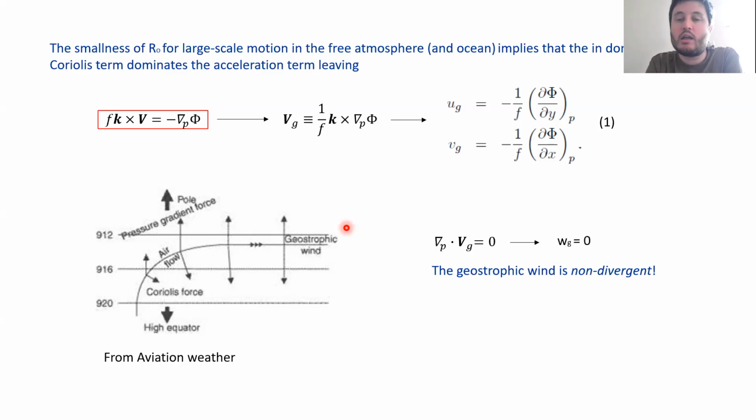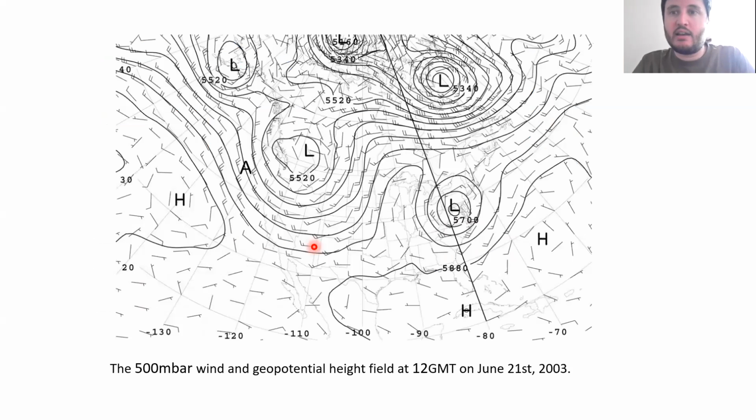Now, an important thing to note is that this wind, the geostrophic wind, is non-divergent. There is no convergence of the wind. Let's look again at this. You see the wind constantly follows these lines.